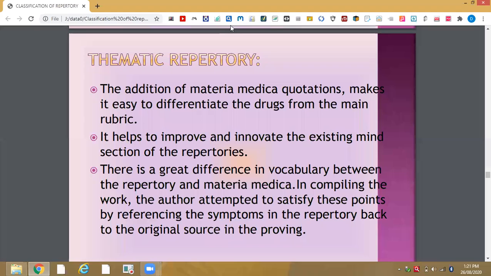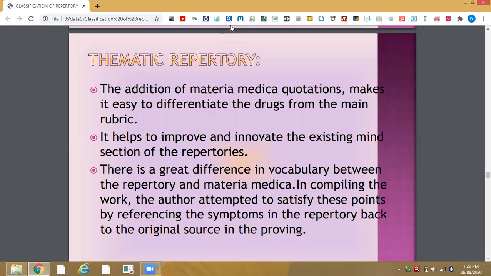In the repertory, we write down the symptoms in the language of the repertory. In materia medica, the symptoms are written in a different way, and in the repertory, the symptoms are written in the form of rubrics in repertory language. So there is a great difference in vocabulary between the repertory and materia medica.